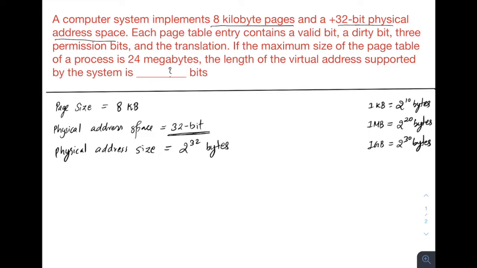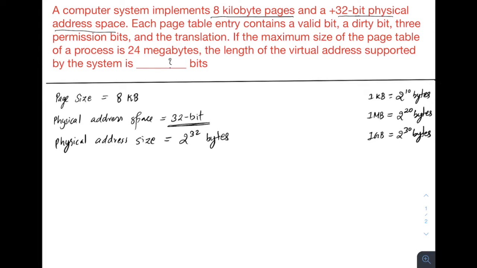Each page table entry contains a valid bit. If you remember, we also have the page table, right? You have the page table for storing the mapping. You have pages, and in paging, every page number is mapped to some frame number.